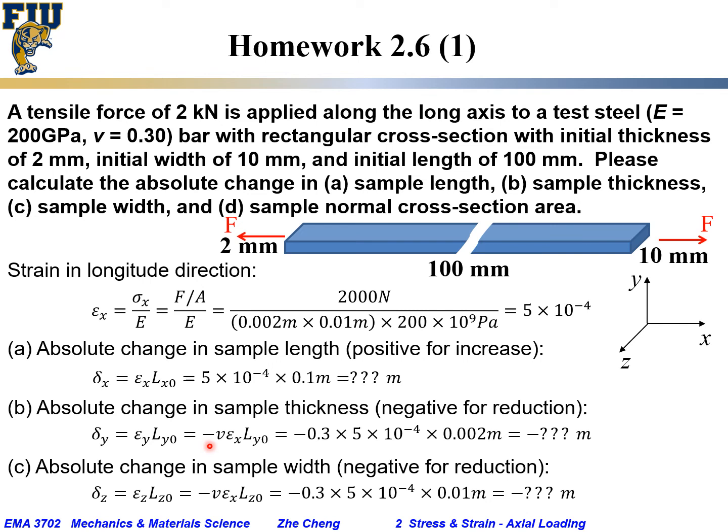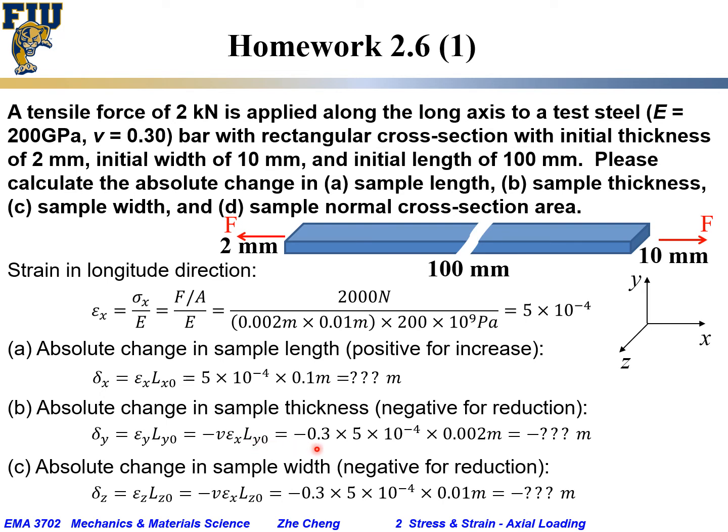Or you can say the Poisson ratio mu is defined as epsilon y over epsilon x with the minus sign. So epsilon y would be mu times epsilon x with the minus sign in front. And of course, you still write the initial length along the y direction, or Ly0.